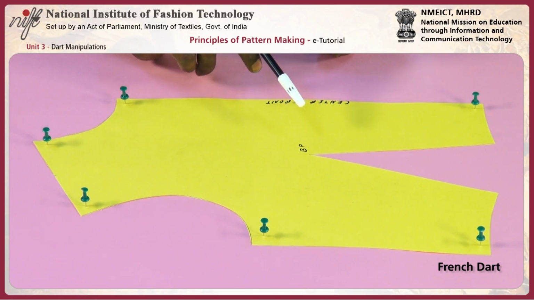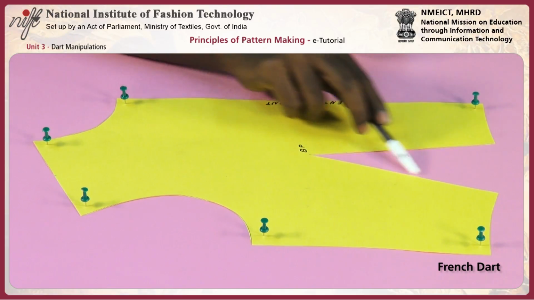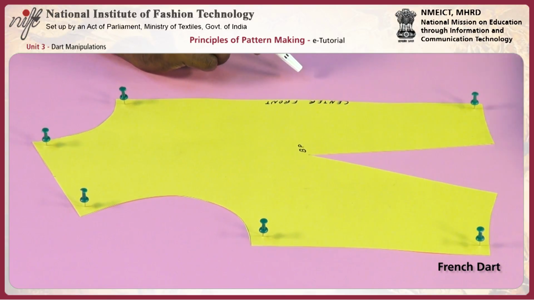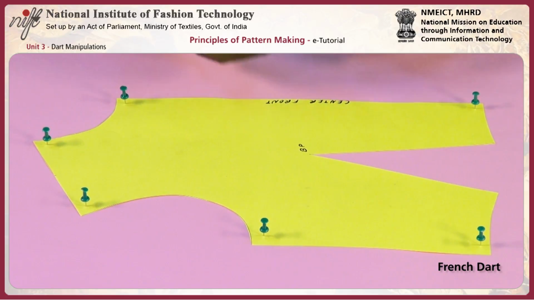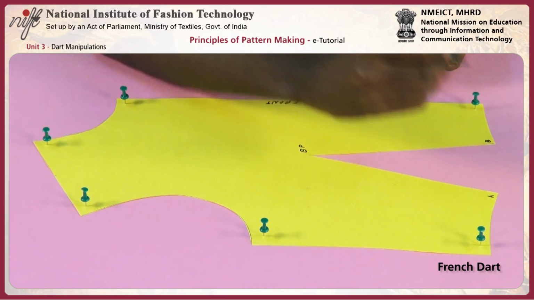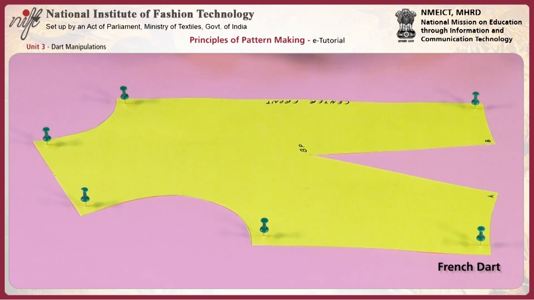Now to make the French dart, use waist dart sloper, only one dart is there. Mark A and B of the waist dart legs and decide your French dart position.